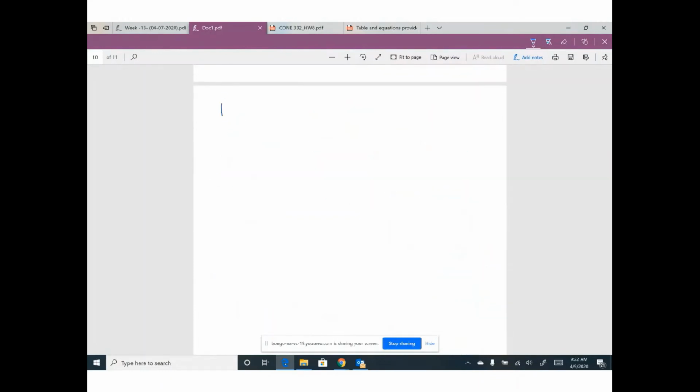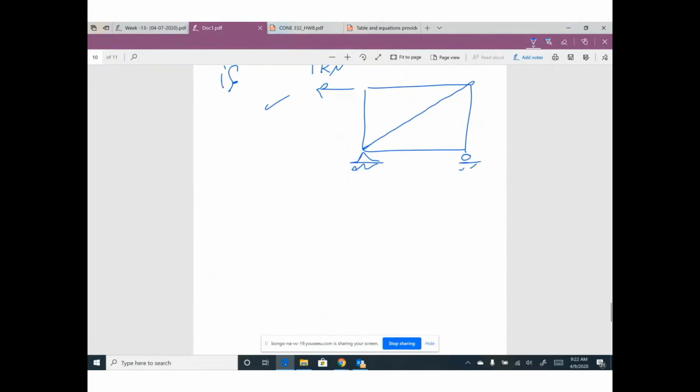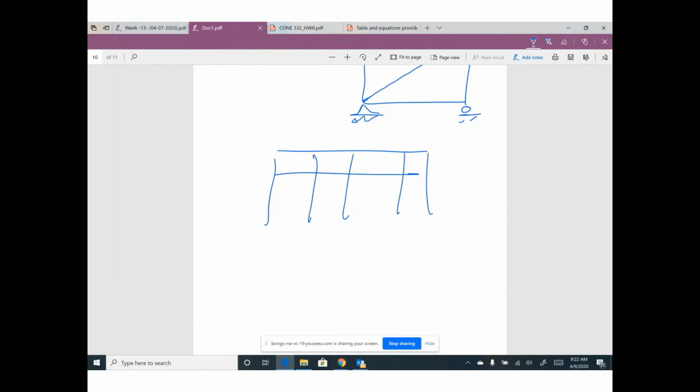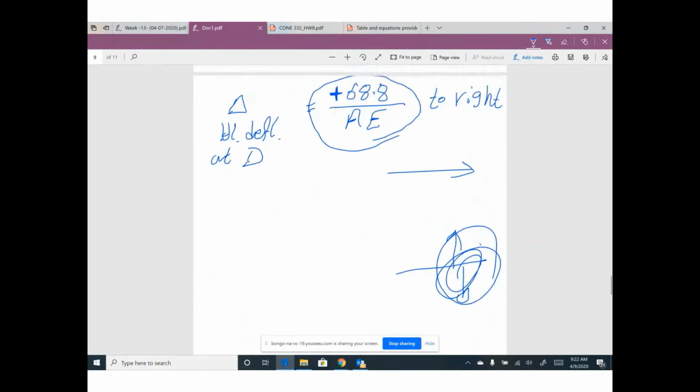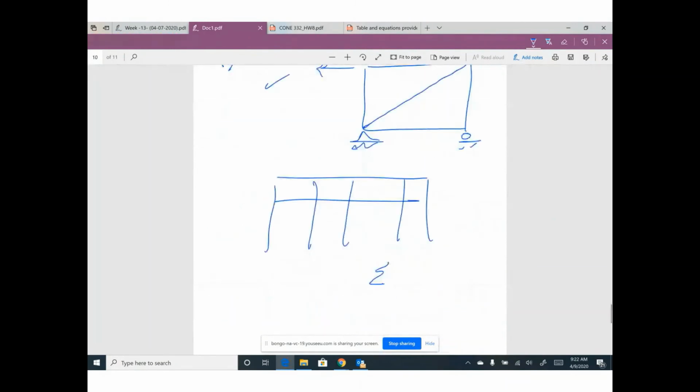If you assumed your unit load like this, that's right, and you set up your table, your final summation here will be negative 68.8.